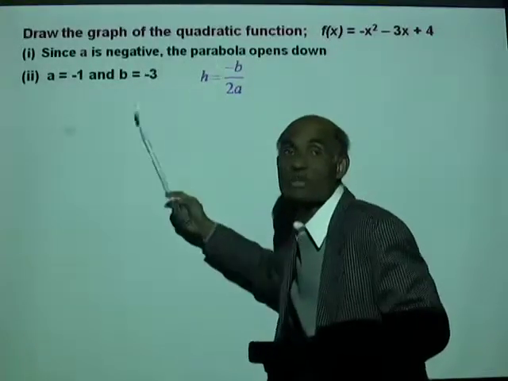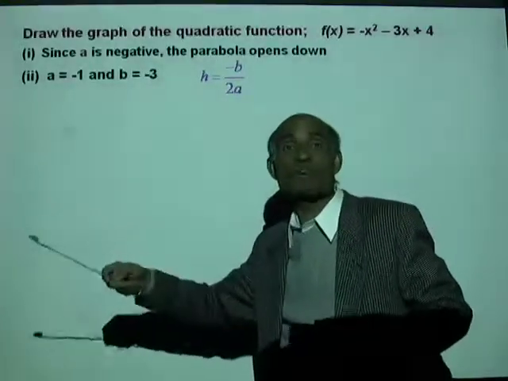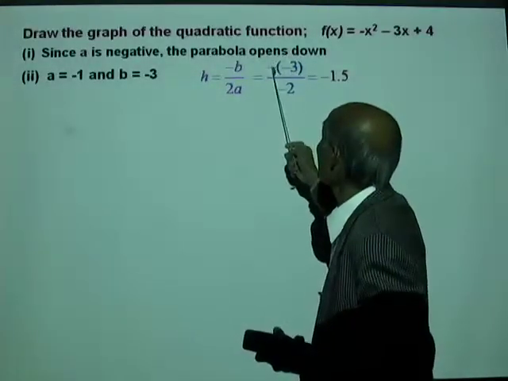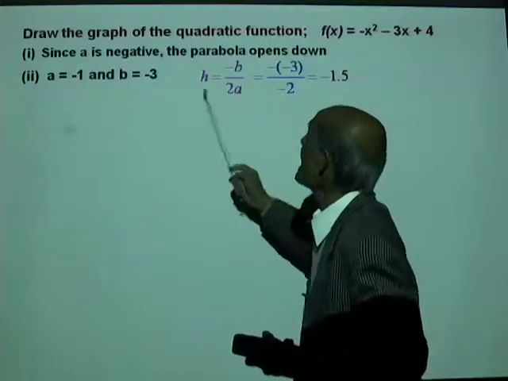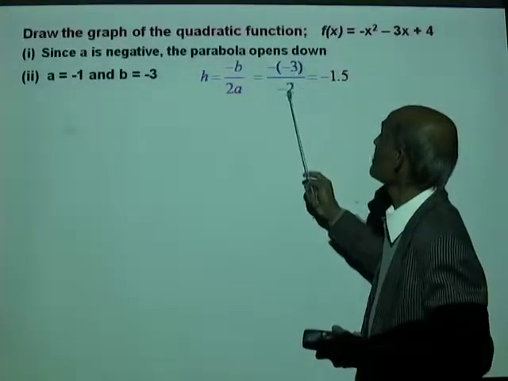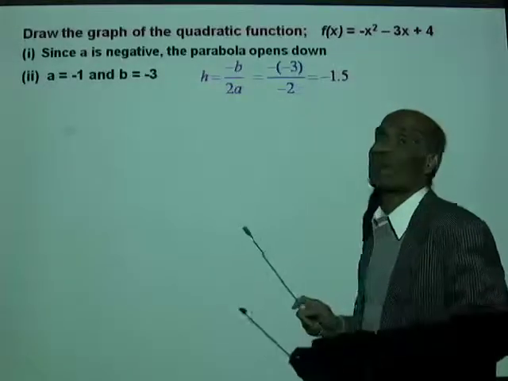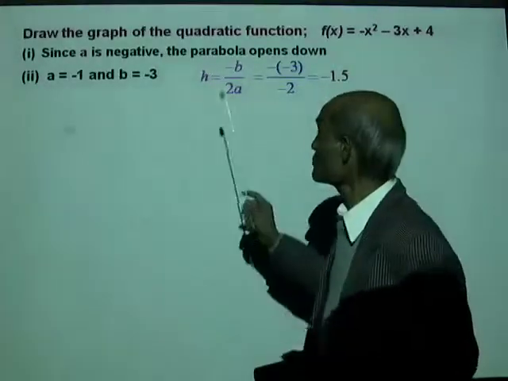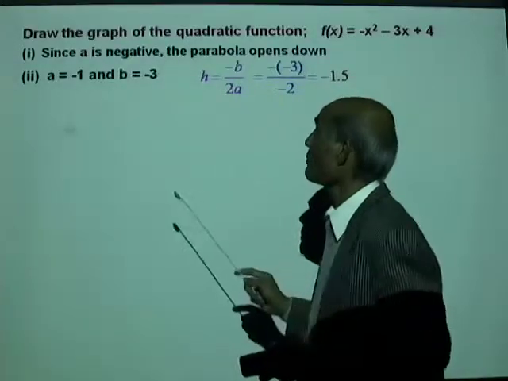Therefore, negative b will be negative of negative 3. That will be 3. So this will be 3 over 2a, 2 times negative 1. So 3 over negative 2, that is negative 1.5. So h is negative 1.5.